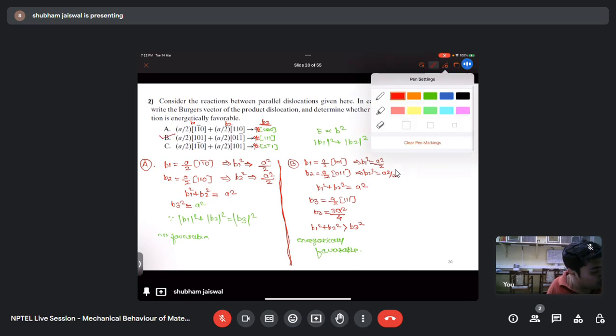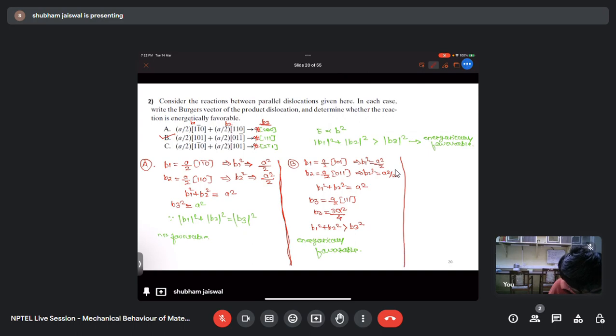Now do the same thing for the third case, that is C. The b1 is given as a by 2, 1, 1 bar, 0. So b1 square is a square by 2. b2 is given as a by 2, 1, 0, 1. So b2 square is again a square by 2. Now b1 square plus b2 square is how much? It's a square.